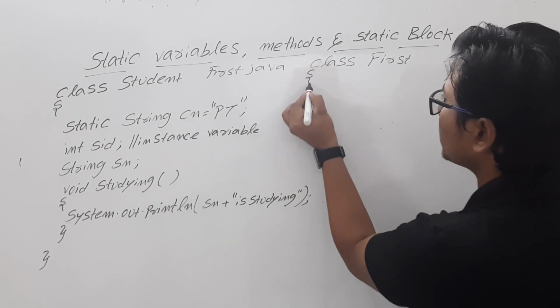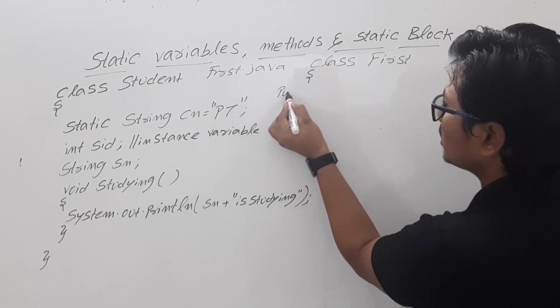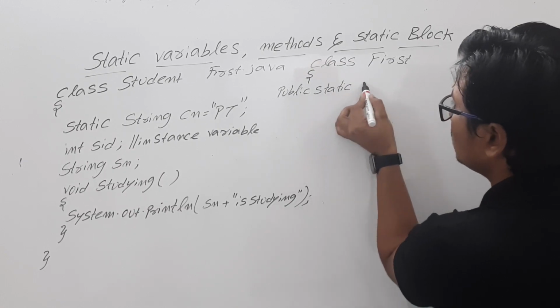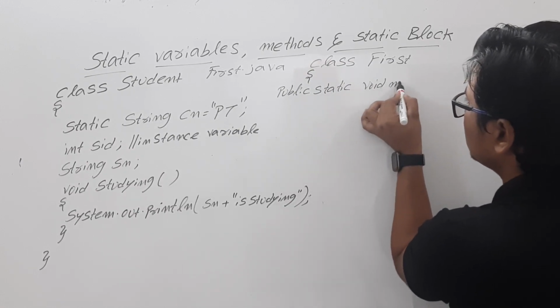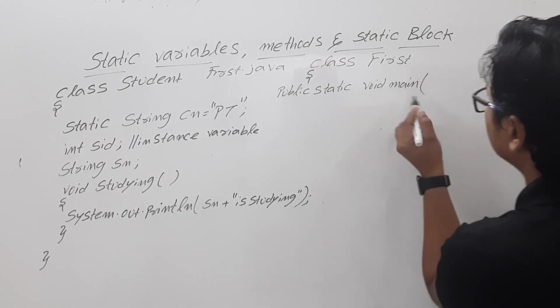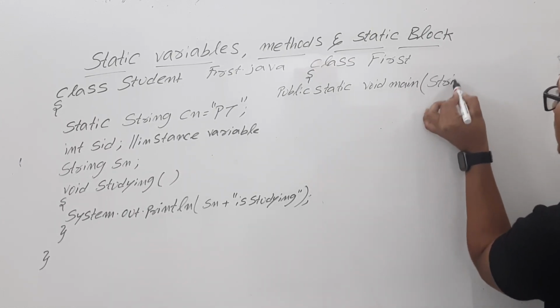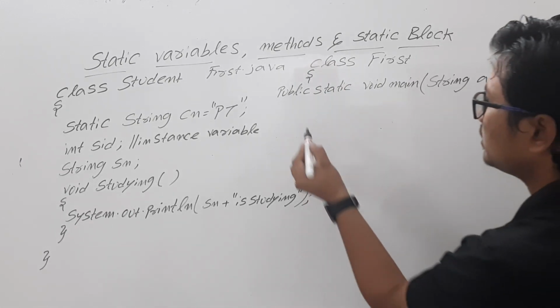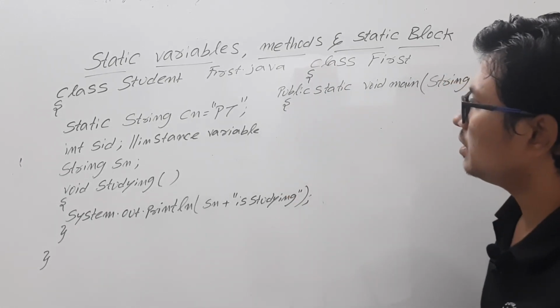Now inside this one I will write public static void main, String args, then you will have a String array. Let me write it as ar, which is a String array.